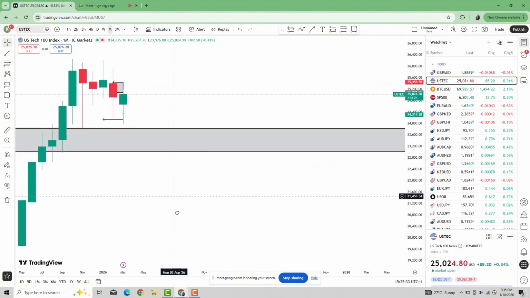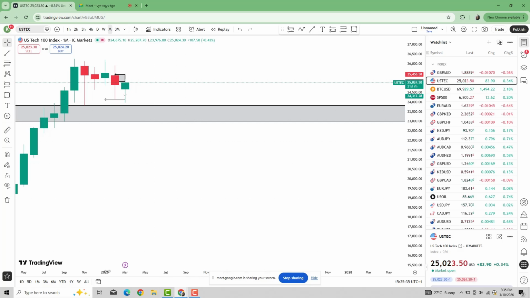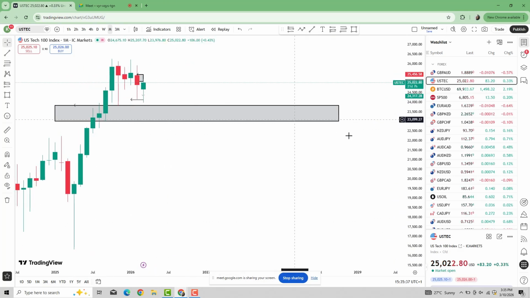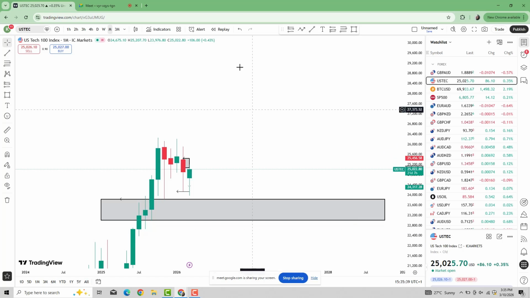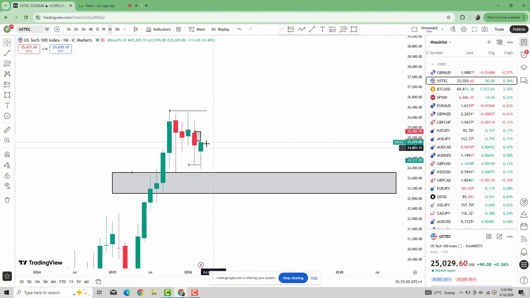Let's see what is happening. This was the zone we marked out on the 3 months time frame. But if you look at the monthly time frame, you will see that we were meant to have a break of structure here. Price tried to take away this high, but it couldn't take it away. There was a rejection, and from there, price has been selling.